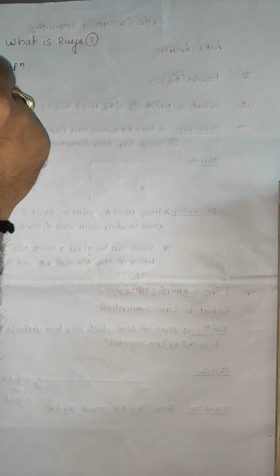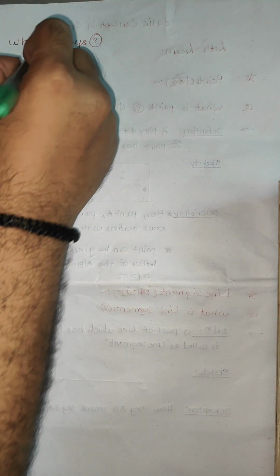A ray is a part of a line. The first point is definition.